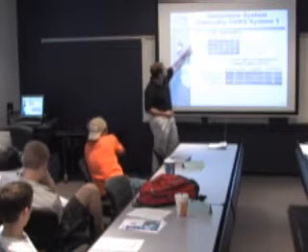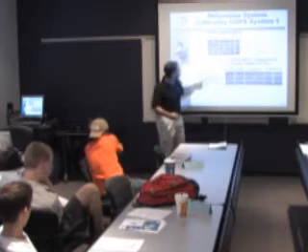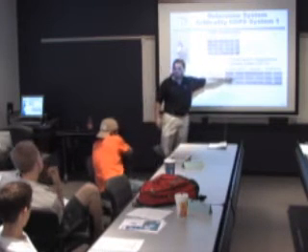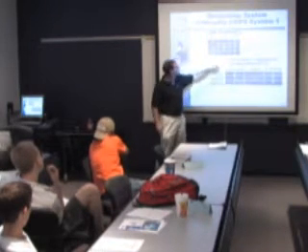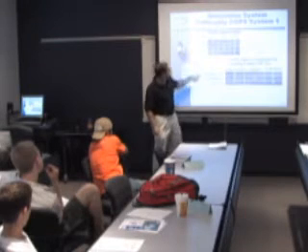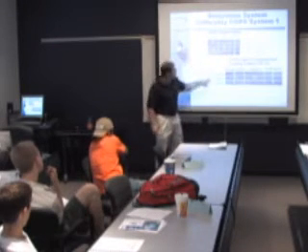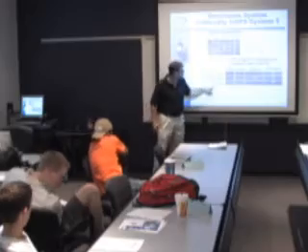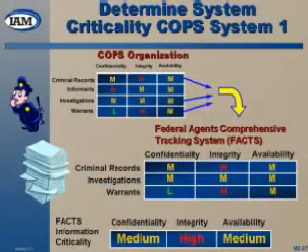So what you literally do is copy the row down and paste it into the system criticality matrix. Okay? So we did criminal records, we did investigations, and we did warrants. Okay. Everybody see that? It's so simple, it's confusing. Okay. It's a cut and paste of the row that applies to that system.